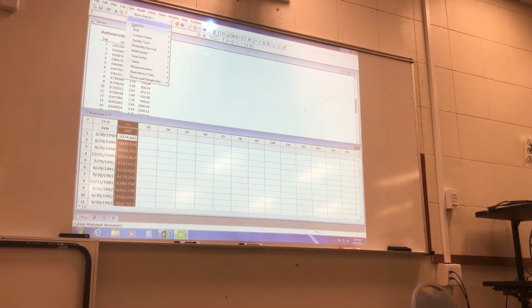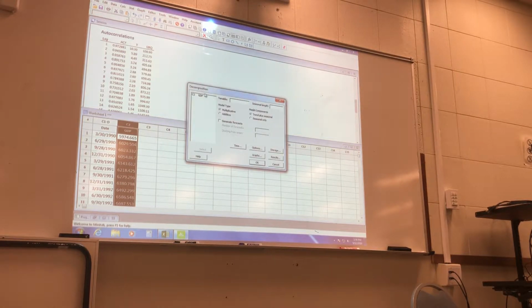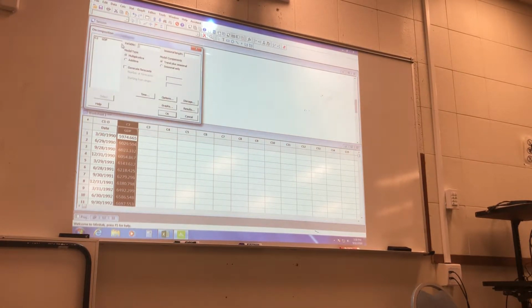Go to Stat, Time Series, follow the path down to Decomposition, a horrible sounding method. In the menu, enter the GDP and put in the seasonal length. What is it? Quarterly data, 4. Beautiful. Leave it at multiplicative and trend plus seasonal. That's as much information as you're going to get out of this forecast.